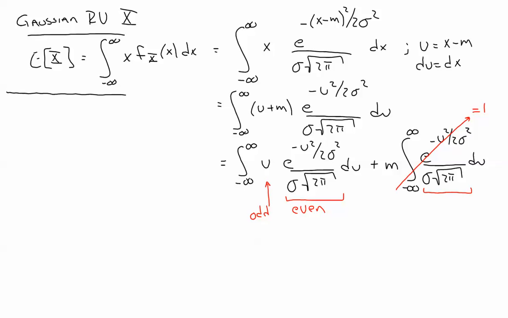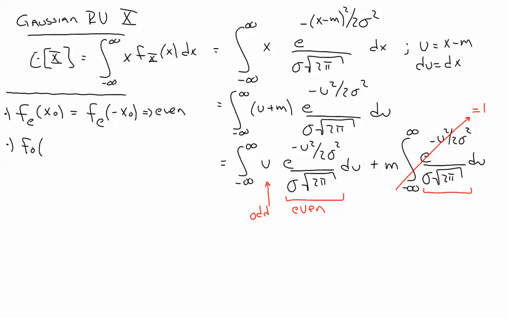An even function, f sub even, evaluated at x naught equals f sub even evaluated at minus x naught. This is an even function. All right? Cosine, for example, a cosine function is an even function. A zero mean Gaussian function is an even function.